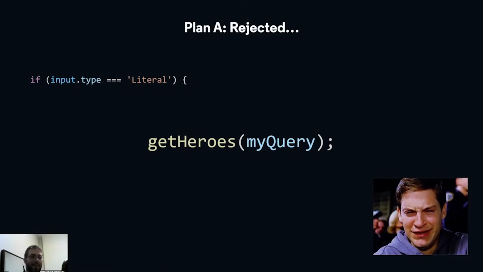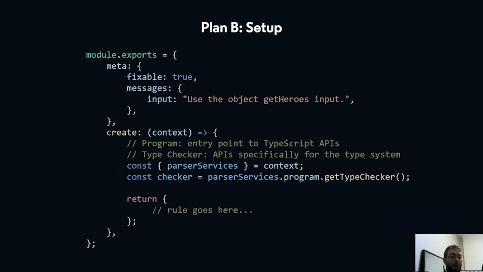So plan B is going to come in two parts because it is, again, a little more code. First, we're going to, as a TypeScript ESLint enabled rule, try to hook onto the TypeScript APIs that are now available to us. This comes with a couple of things that are useful. The parser services are the TypeScript ESLint services that we're going to use to hook into TypeScript. From there, we want to use .program, which is the entry point to the TypeScript APIs.